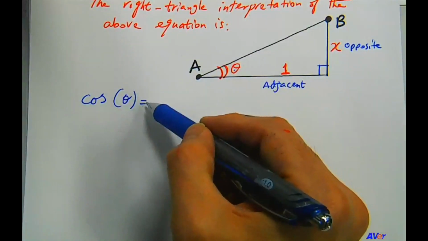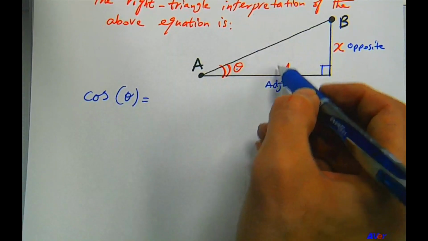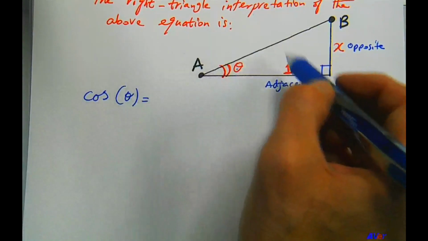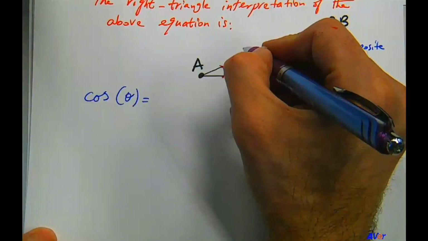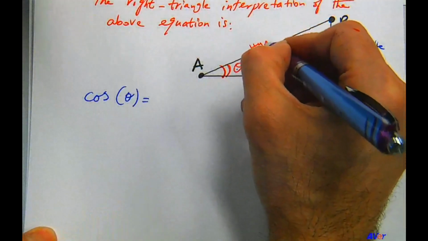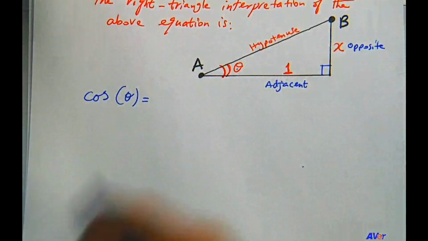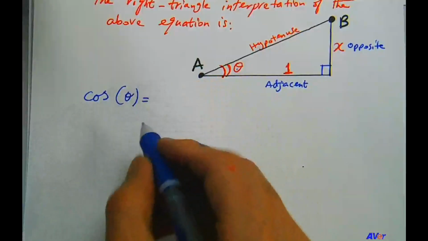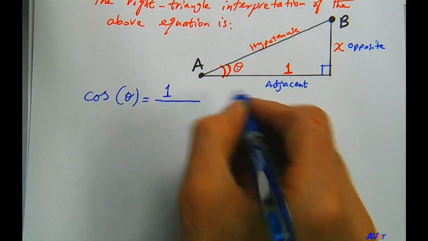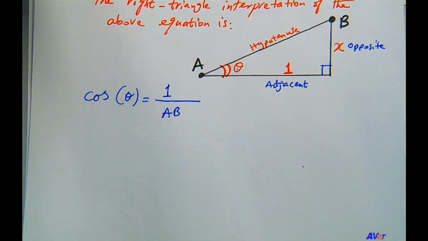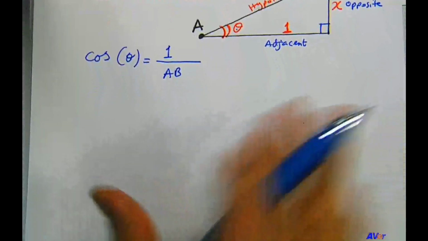Cosine of theta, as you know, is a ratio of the adjacent divided by the hypotenuse, right? So this being the hypotenuse here. Okay, so I'm going to call it AB. So we have the 1 over AB, right? The adjacent 1 over the hypotenuse AB.